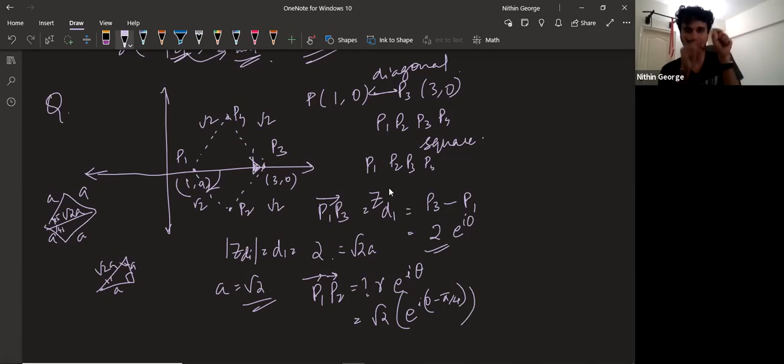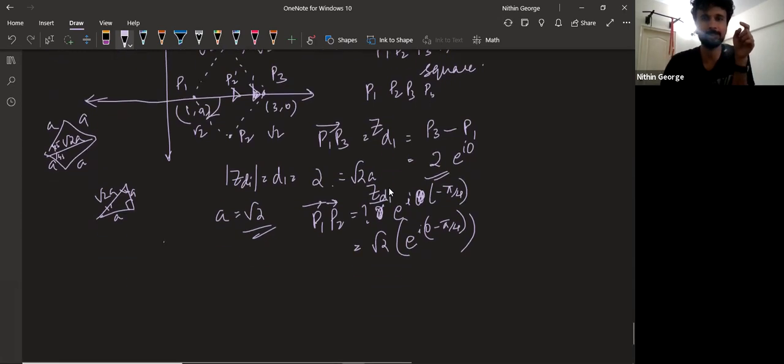You had P1, P3. I shortened it to P1, P2 dash. It became root 2 into e power i0. And then to rotate it, I multiply by e power the angle I want to multiply it with, minus pi by 4.